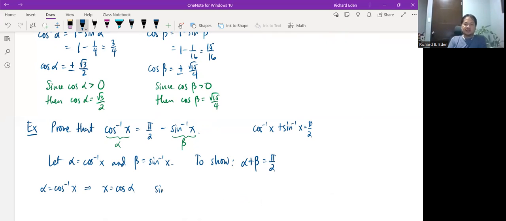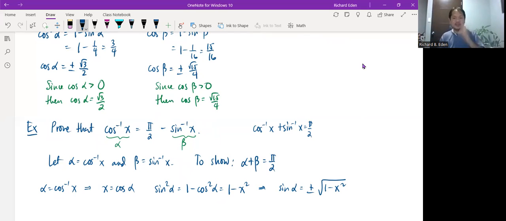All right. So sine squared alpha is 1 minus cosine squared alpha. So this would be 1 minus x squared, which would mean sine alpha is plus or minus the square root of 1 minus x squared.